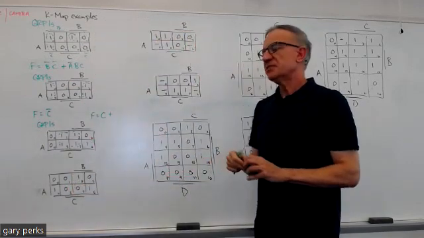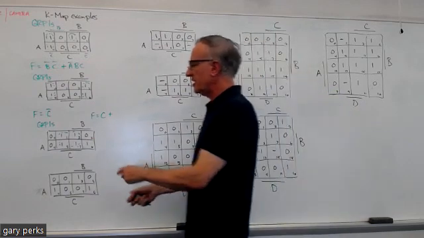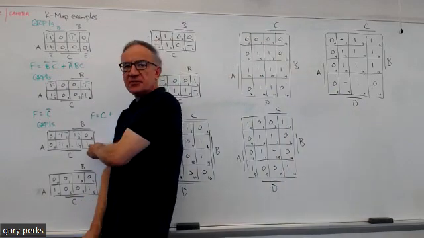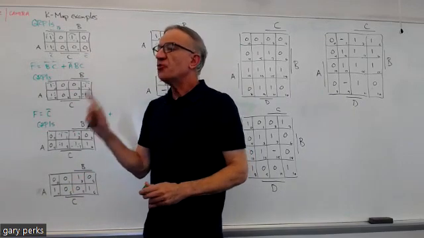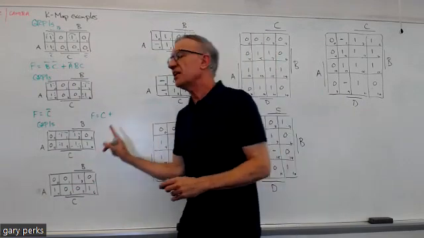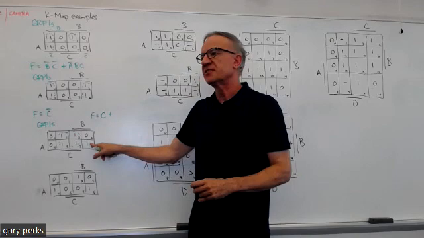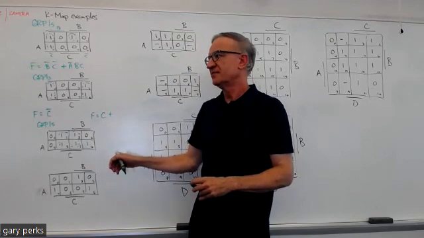Okay, now the reason I used this example is because now we have to take care of this one over here. And you can overlap groups. Since I can overlap groups, how would I group this? 7 and 6.